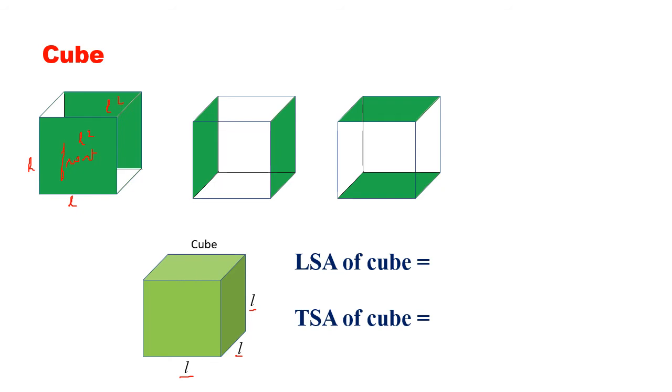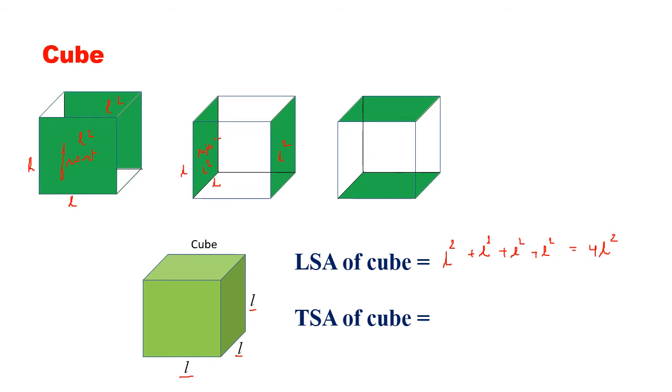Now the right and the left sides are same, L, L. So this side is also L square, this side is also L square. So all the 4 walls are L square plus L square plus L square plus L square. So in a cube, the lateral surface area is 4L square.